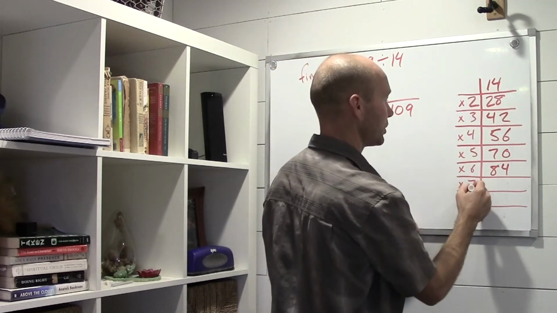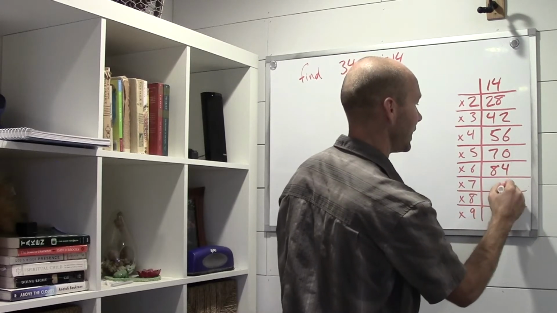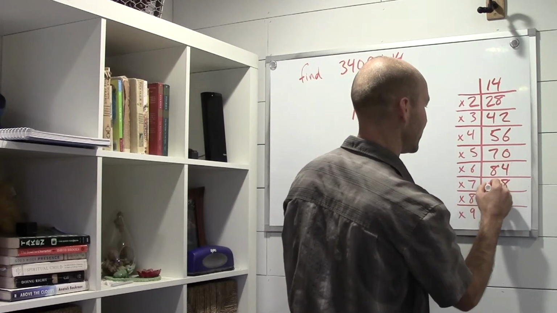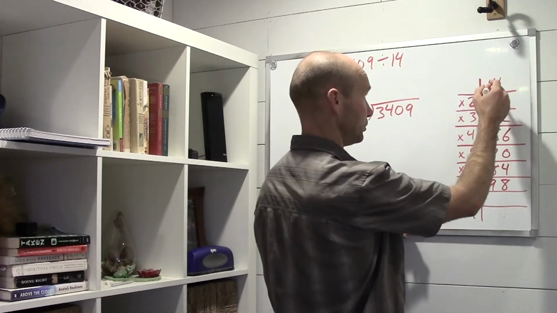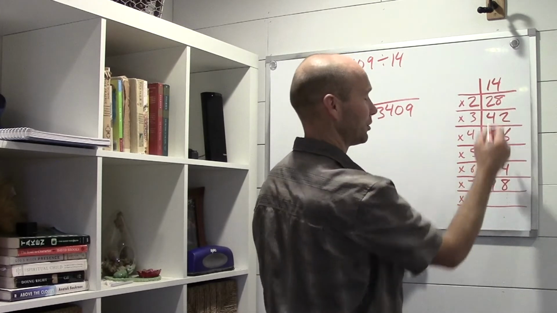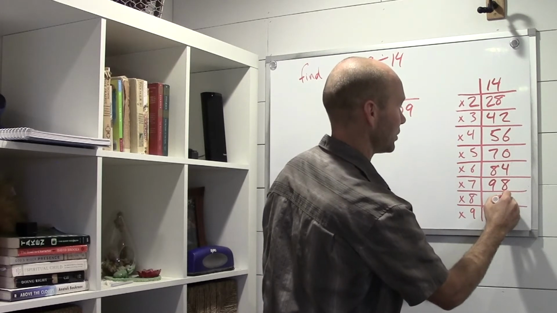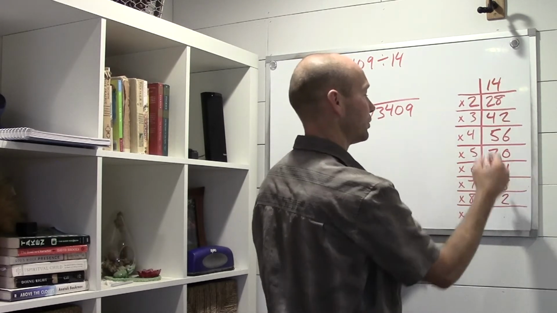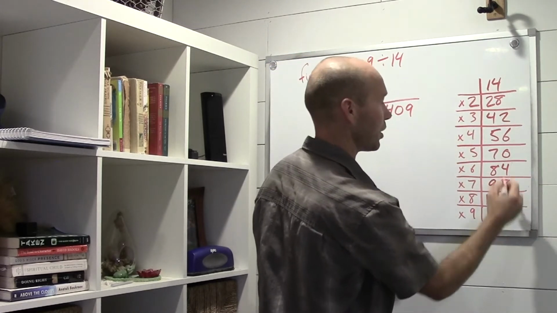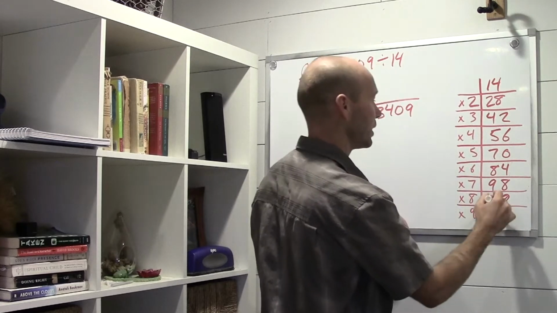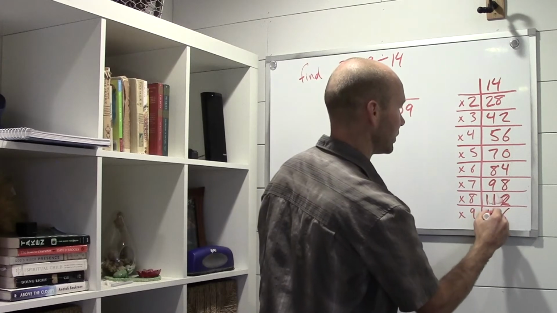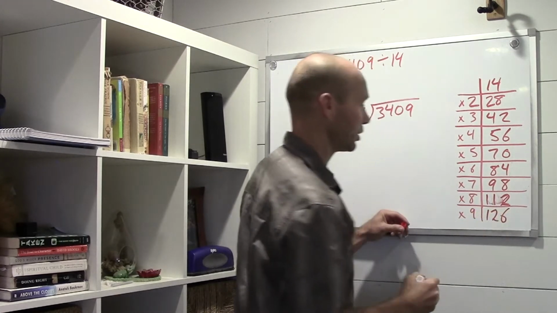14 times 7, 4 times 7 is 28, and 1 times 7 is 7, plus 2 is 98. 14 times 8, I can do 8 plus 4 is 12, and 9 plus 1, and then 14 times 9, 4 plus 12, 2 plus 4 is 6, and 11 plus 1 is 12, 126.